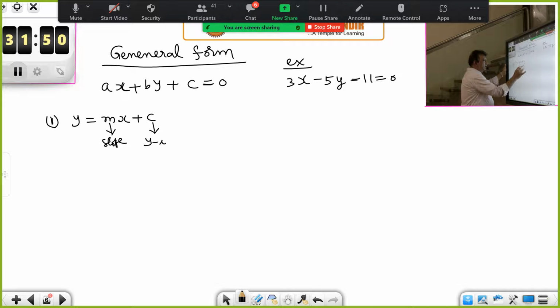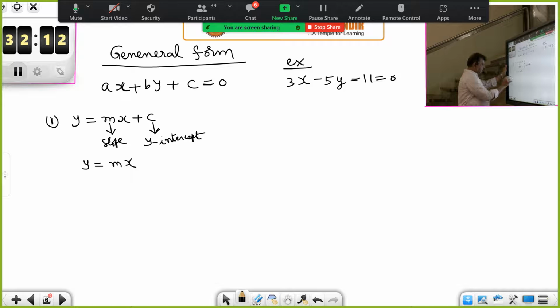Y intercept. Not x intercept but y intercept. That means the line cuts the y axis at 0 comma c. Y intercept c means the line meets the y axis at 0 comma c. Any line passing through the origin can be taken in the form y is equal to mx.